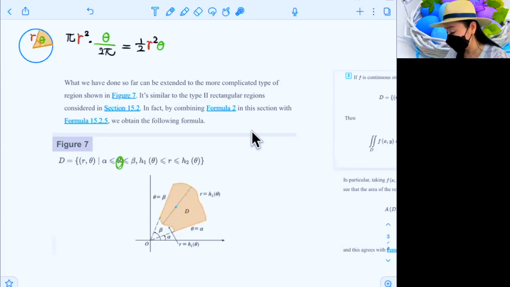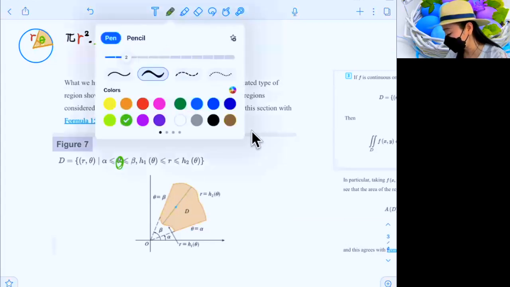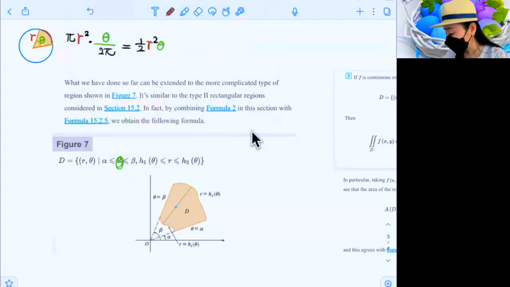The base of this is this part here, the r. If this is r, this is theta, this arc length here will be r times theta. And for a triangle, it is 1/2 base times height. Now think about the height here as r. So it's going to be 1/2 r times r theta. Again, you get 1/2 r squared theta. So this is the area of this segment over here. Okay, question?